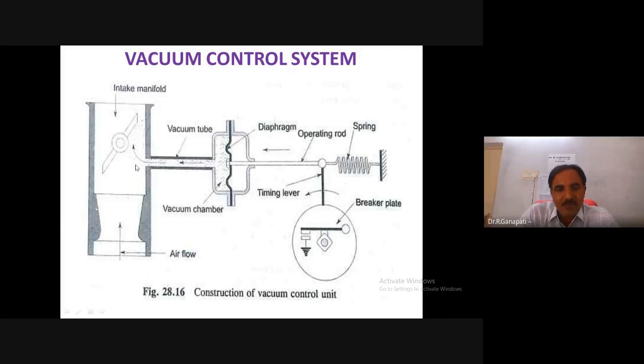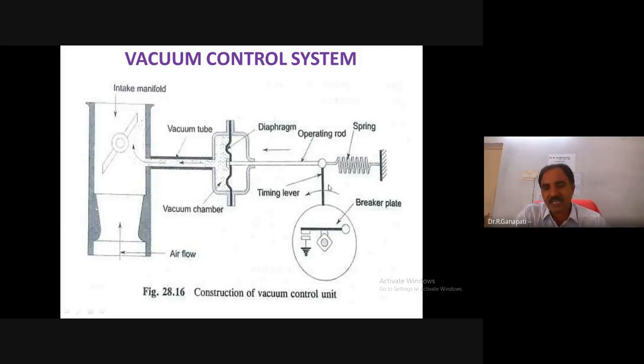When it flows through the intake manifold from the vacuum chamber, the diaphragm will be moving toward the left. The diaphragm will be pulled toward the left. The diaphragm is connected to the operating rod, so the operating rod also moves toward the left, and through this link mechanism it can rotate the timing lever.